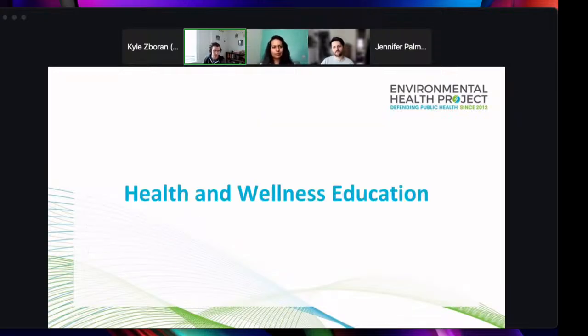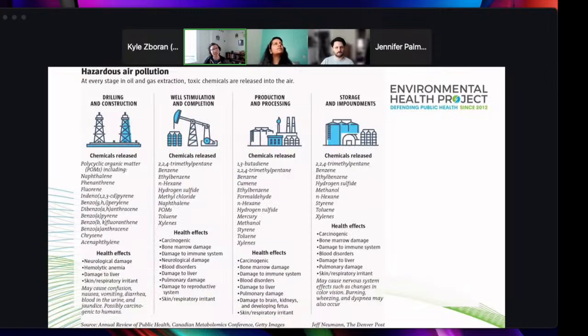But another thing that we do a lot of, as I mentioned, is health and wellness education, right? And across this whole process of extracting, moving, using, and disposing of shale gas and associated products, there's a lot of different compounds that can get released into the air. And some things are relatively straightforward, but many of these compounds are not very familiar to people.